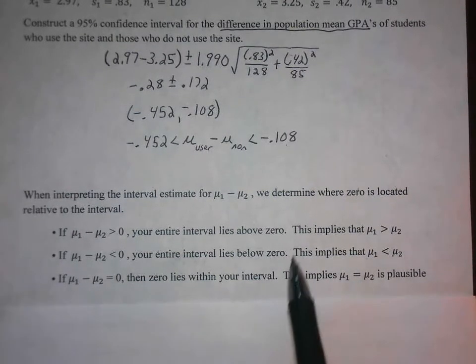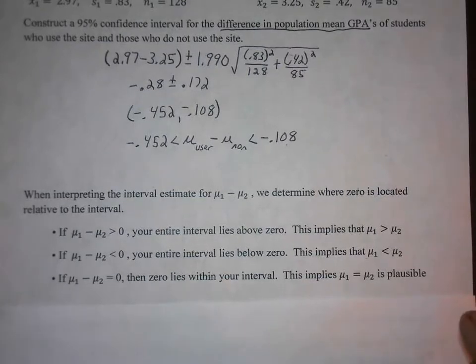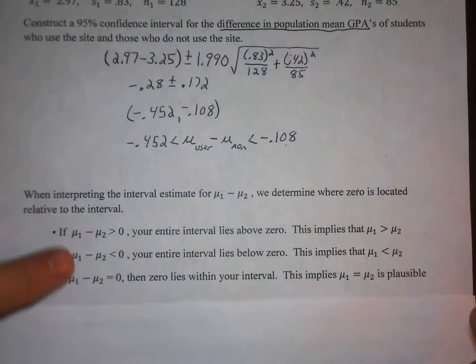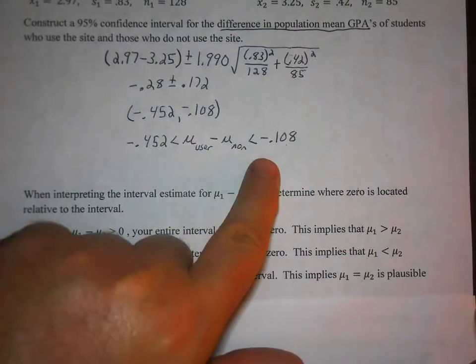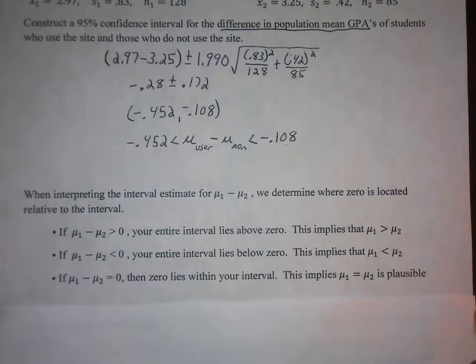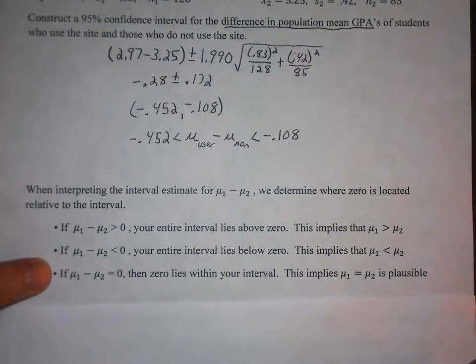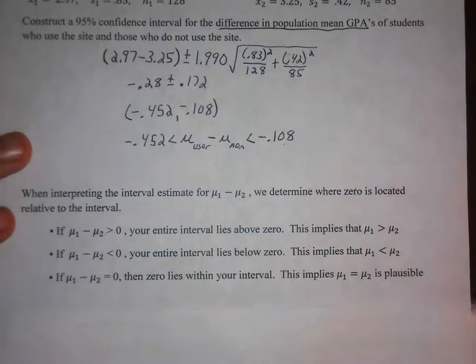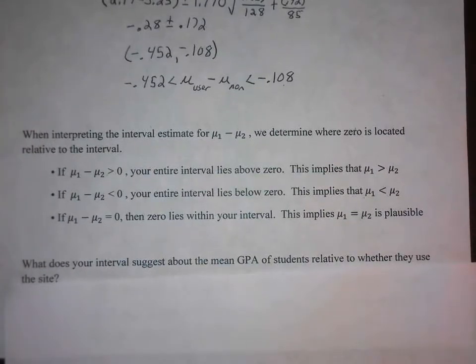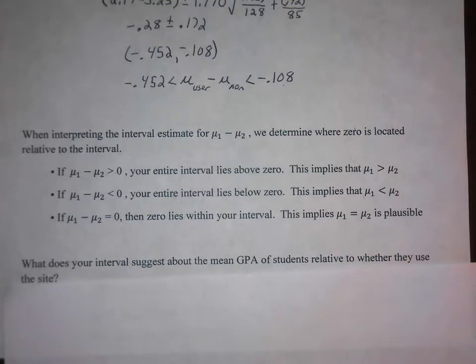So those are the three things that can happen. And essentially what you're doing is you're comparing your difference in means to 0. So you look at the endpoints of your interval, and there's three things that can happen. Either that difference is larger than 0, or the difference is less than 0, or the difference contains 0, so it could equal 0. So those are the three things that can happen. So what does our interval suggest about the mean GPA of students relative to whether they use the site?